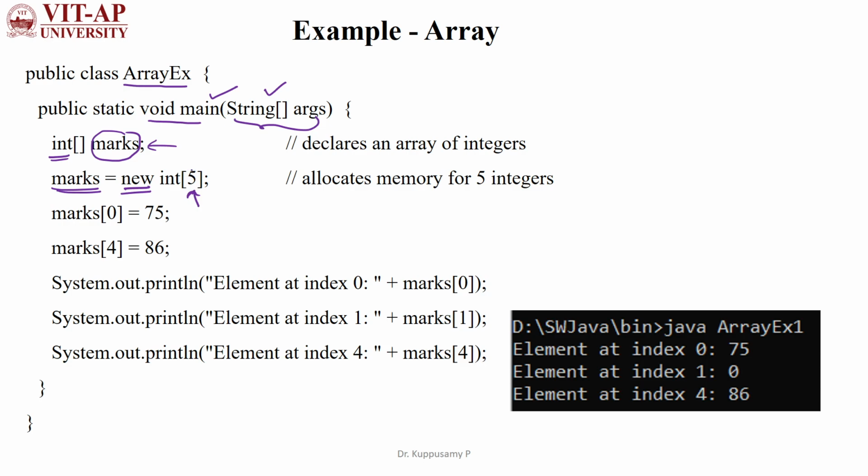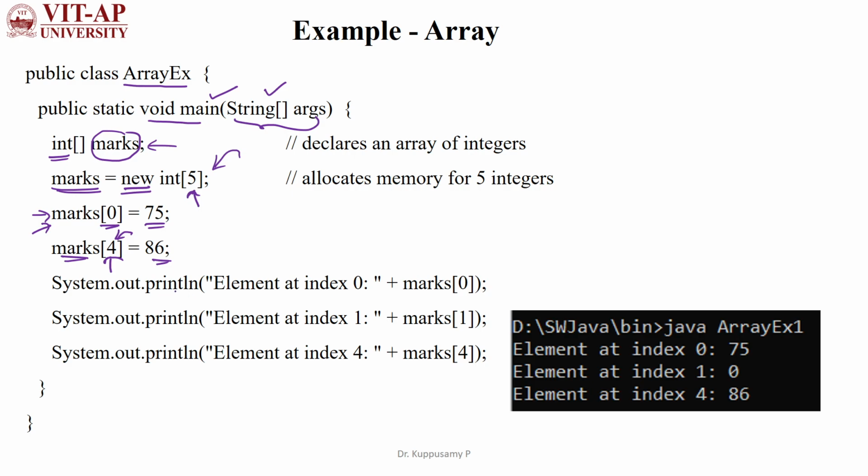So a maximum of 5 data can be stored in this array variable, but storing fewer than 5 is also possible. Here I am assigning 75 to the 0th index of the marks array, and 86 to the 4th location of marks. Only two values are assigned.